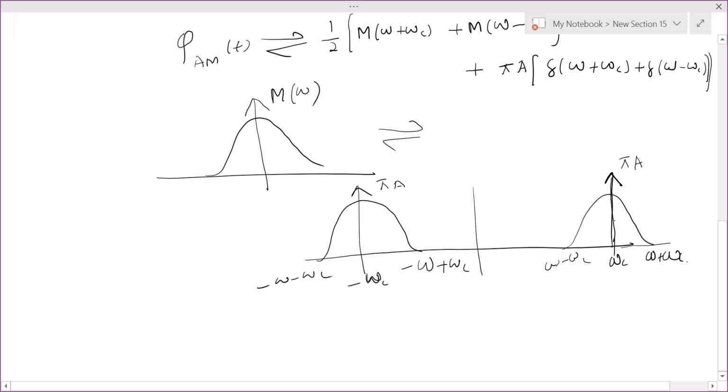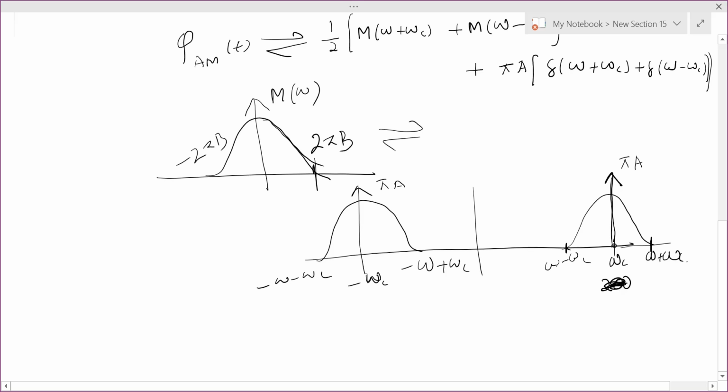So what is the bandwidth? See, you first had to see, suppose this is 2 pi b, minus 2 pi b.